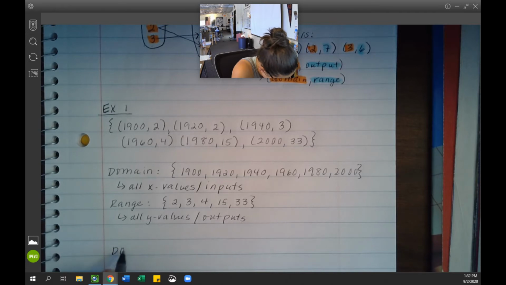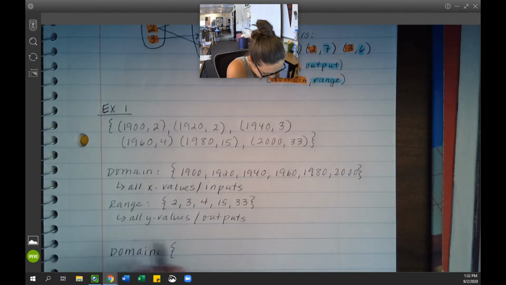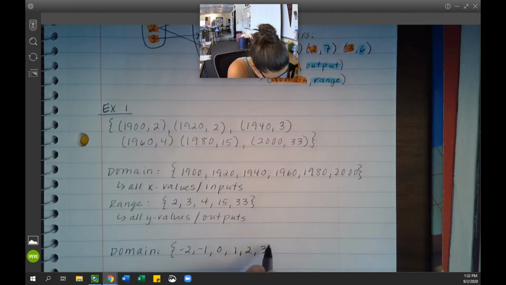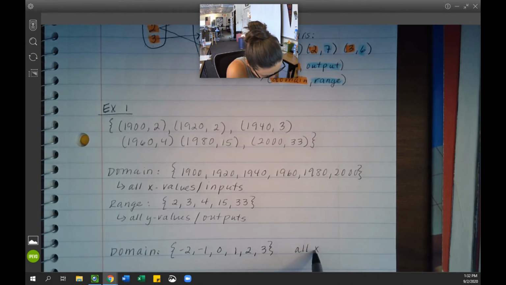The domain, in this case, would be all of the x values. So if I start on the top left, that x value is -2, and then -1, 0, 1, 2, 3. So all the x values.